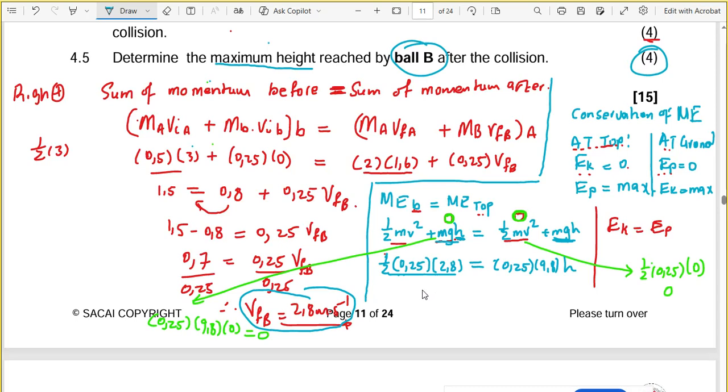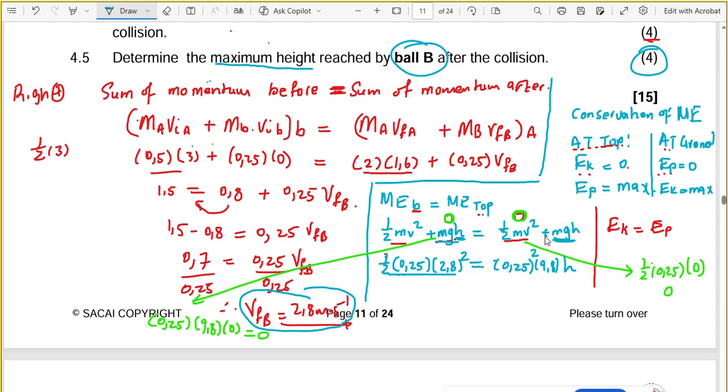1 over 2, 0.25. You got 0.35. Oh, we forgot to square this 2.8. What do you get when you square the 2.8?